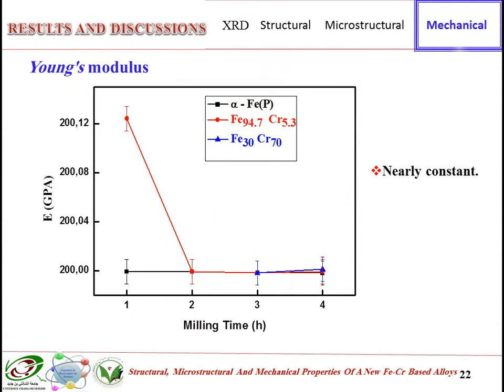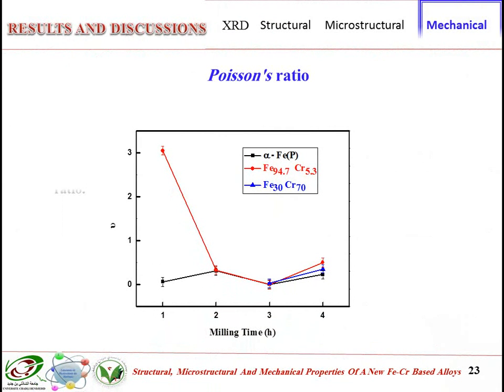The Young's modulus is nearly constant. The iron 94.7 chromium 5.3 phase recorded the highest Poisson ratio.